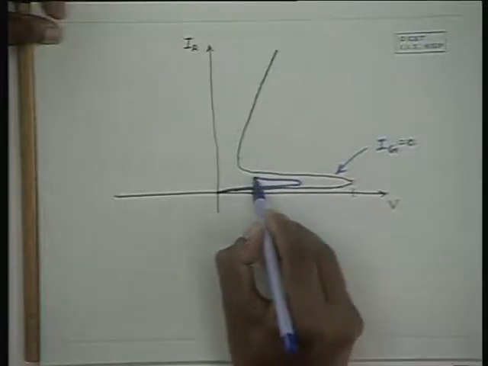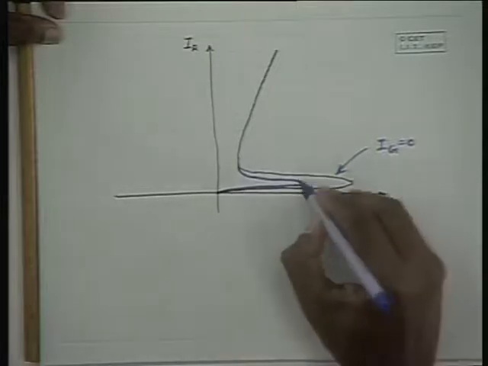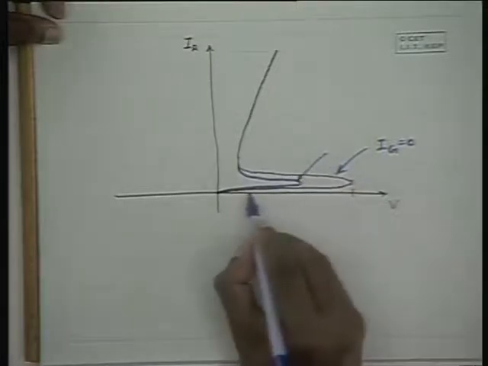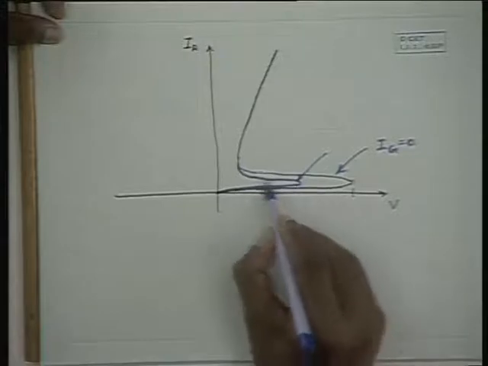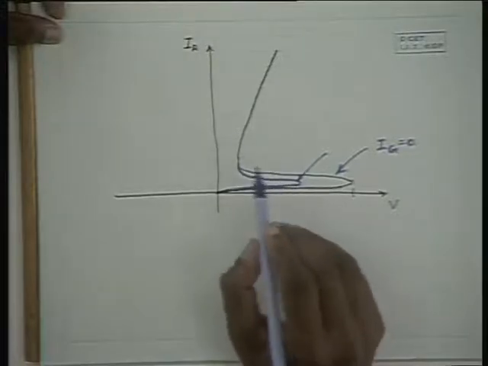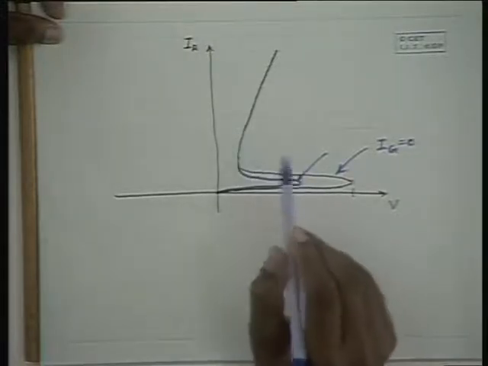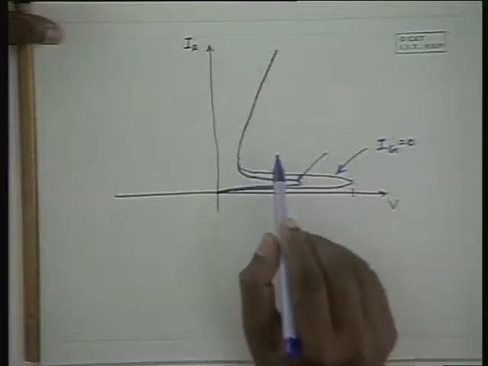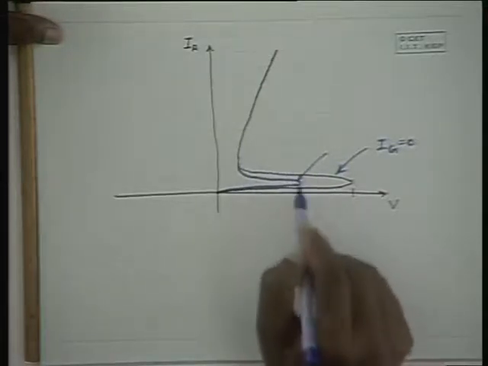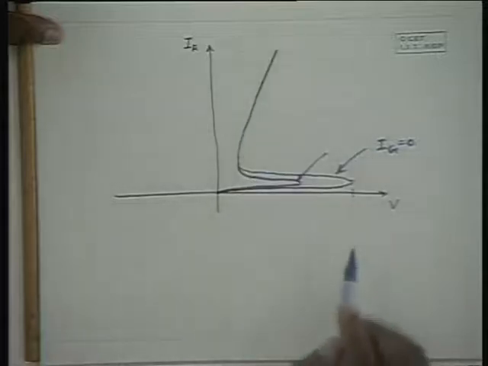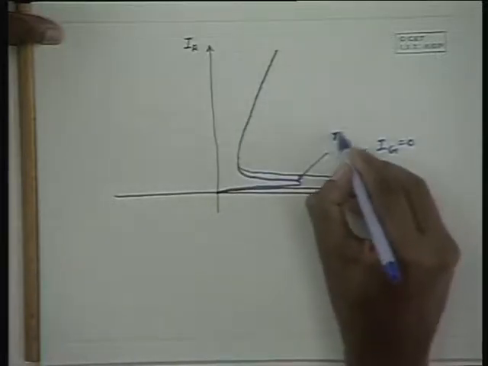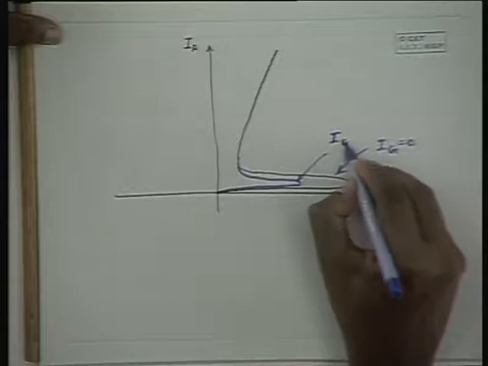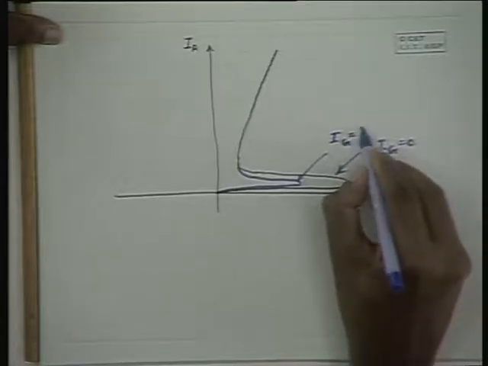With a small amount of positive potential itself, the device conducts, and both the equivalent transistors are turned on, and these are the characteristics that are obtained. This is for, let us say, Ig is equal to Ig1.